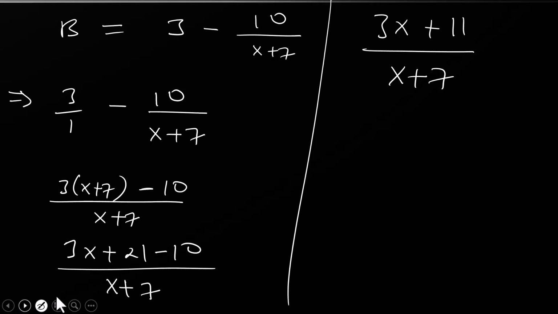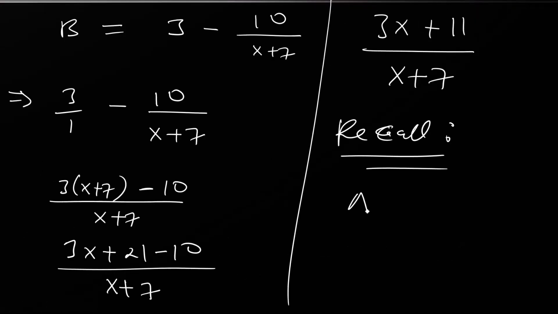Now let's recall from here, we have A over B equals 0.5. Now from here, we have A on B equals 0.5, the same as 5 on 10, that is half.